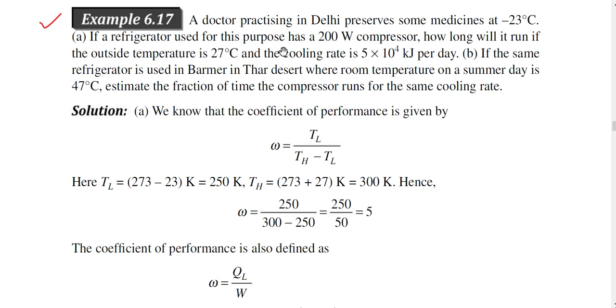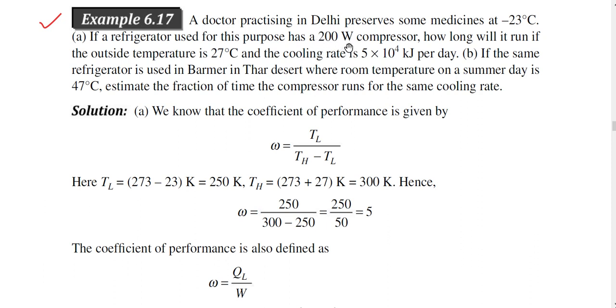So, at first you just focus on the problem, that is, what data is given here. The temperature inside the refrigerator is minus 23 degrees centigrade, because the doctor preserves the medicine at this temperature, and the compressor of the refrigerator is 200 watt.